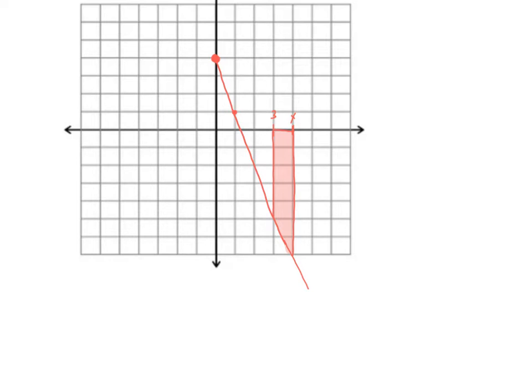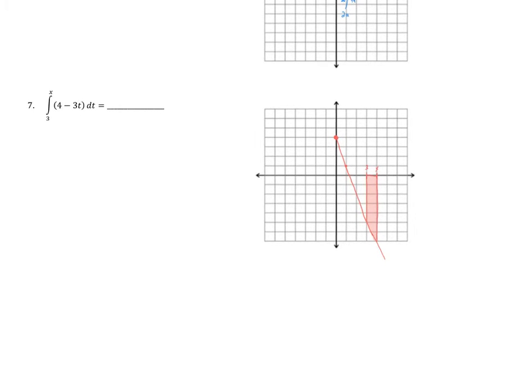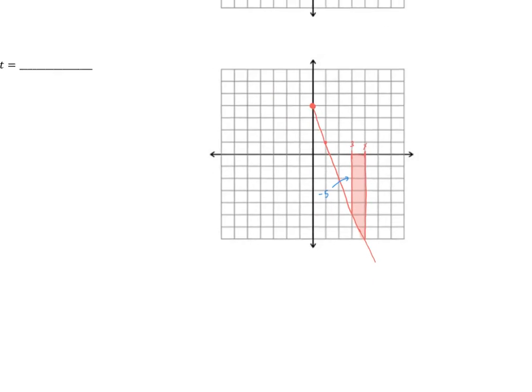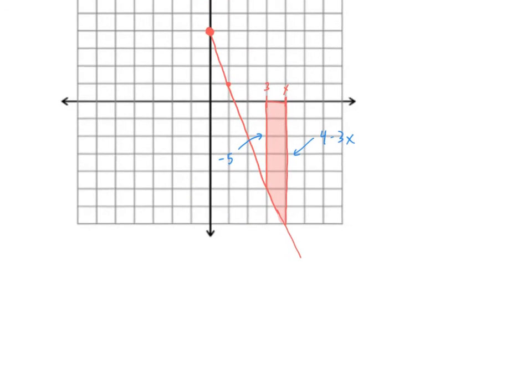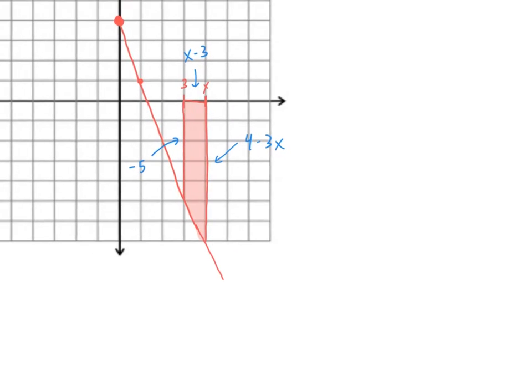Okay, so if you plug in 3, you get -5. So that is just -5, that distance there. Or we could say 5, it doesn't matter. And then if you plug in x, you get 4 minus 3x. So this here is 4 minus 3x. And then this height is x minus 3. All right.